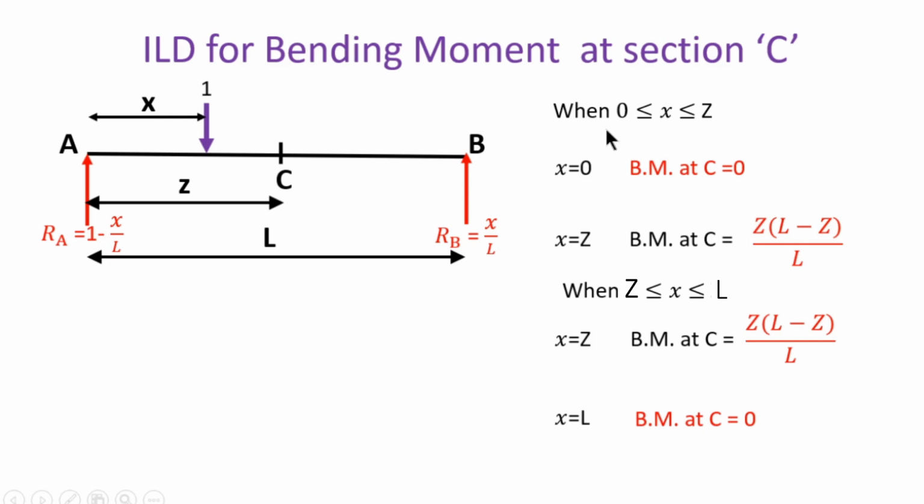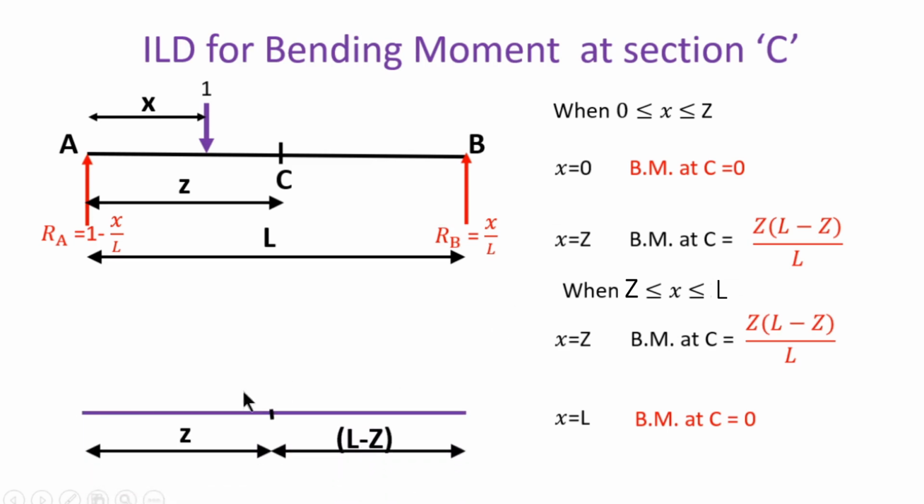When the load is between 0 to Z, x is equal to 0 here. So x equal to 0, bending moment is 0. Then x is equal to Z, bending moment is equal to Z in bracket (L minus Z) by L. This value is positive, so above the line. Then x is equal to Z again when the load is between C to B, that is the same value, that is why it is a point, and when x is equal to L, bending moment is equal to 0.